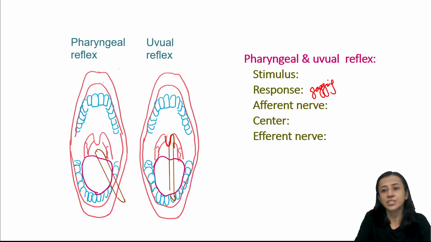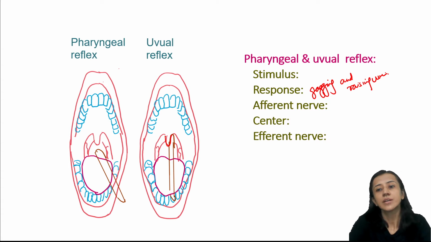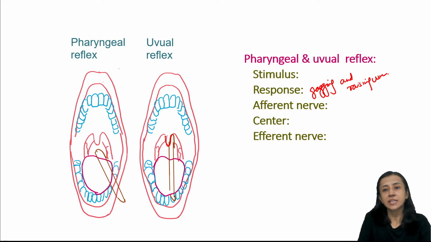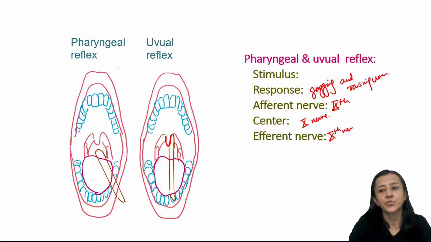Gagging, like a nauseating feeling, and raising of the uvula. Uvula is raised upward. Afferent nerve is the ninth cranial nerve, glossopharyngeal nerve. Center is the nucleus of the vagus nerve, the tenth nerve, and efferent is again the tenth vagus nerve. So that is pharyngeal uvular reflex.